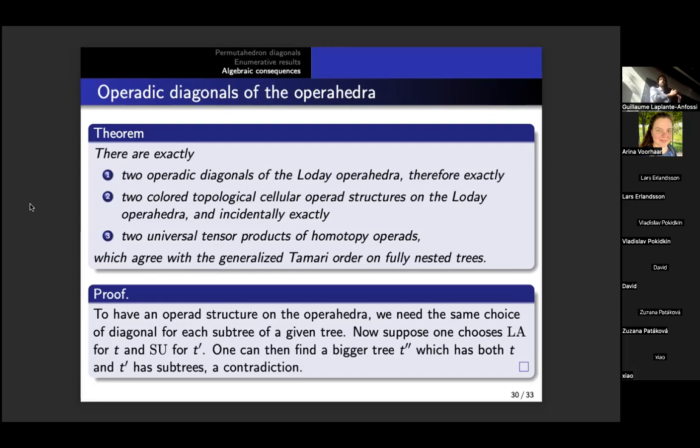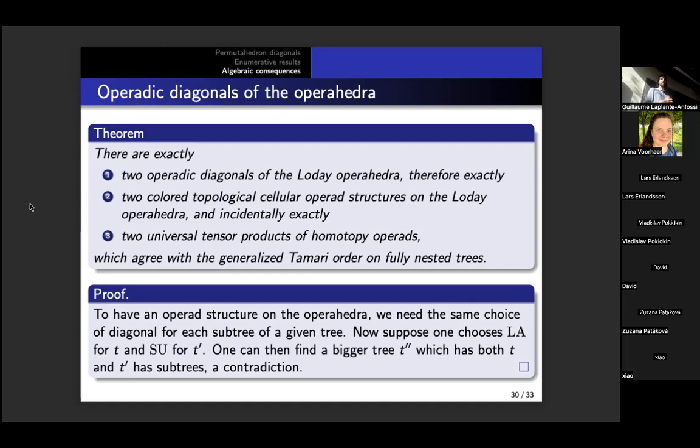And this is because of what we did; it's an easy corollary of what we've proved. Now if you have 2 planar trees, so you have a polytope associated to each planar tree, and you make different choices for them, then I can find a bigger tree which has these 2 as subtrees. And the fact that I want coherence imposes that I have the same diagonal on each subtree of a given tree.